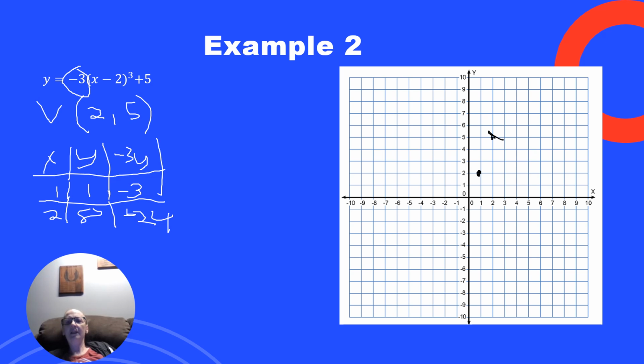When you have a negative, you have to go to the left first, and then you'll go to the right. And then you'll go over 1 and up 3 from there. So it's backwards in that regard. I'm going to connect my curve. And there's my really bad curve, but you get the idea.